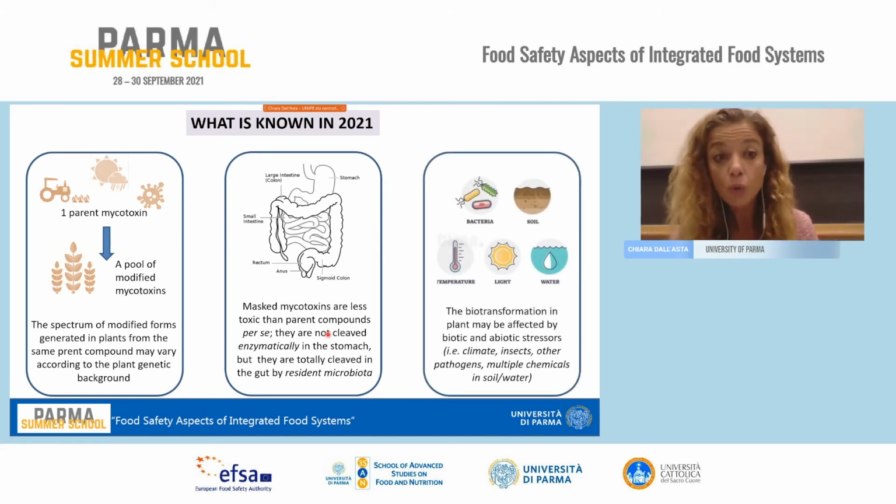And finally, we know that the biotransformation occurring in the plant may be affected by biotic and abiotic stressors, so by the environment. So different climate conditions, different soil conditions, different genetic background, different bacteria on the plant, other fungi, other chemicals may affect the metabolism. So this spectrum of modified mycotoxins may change.